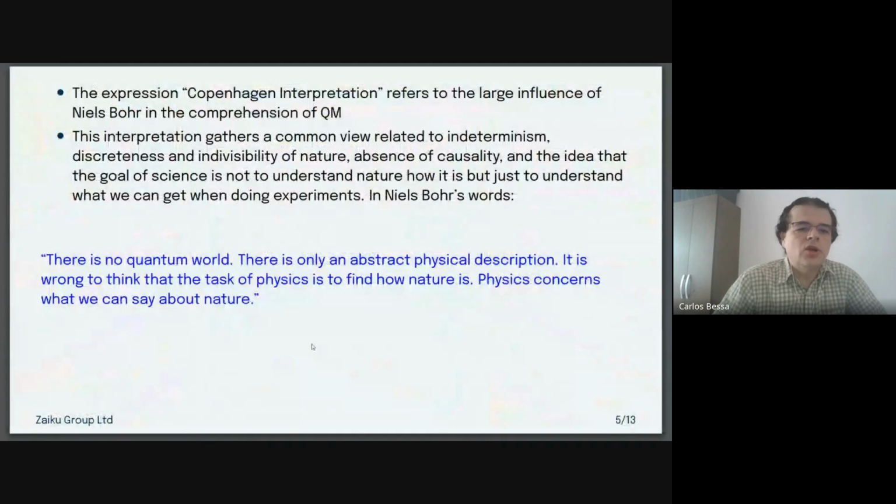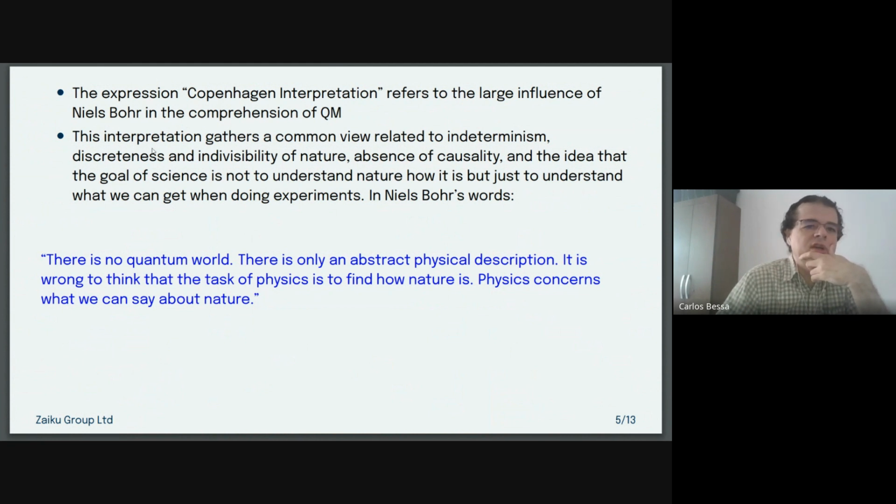Okay, so a little bit about the Copenhagen interpretation. This is just a summary, for people that are not used to it, to have a basic idea to start from. The expression Copenhagen interpretation refers to the large influence of Niels Bohr in the comprehension of quantum mechanics.